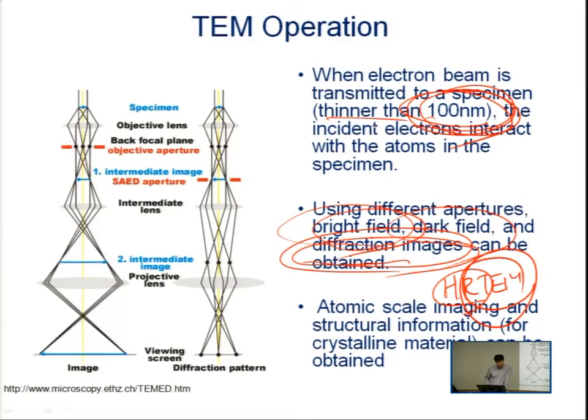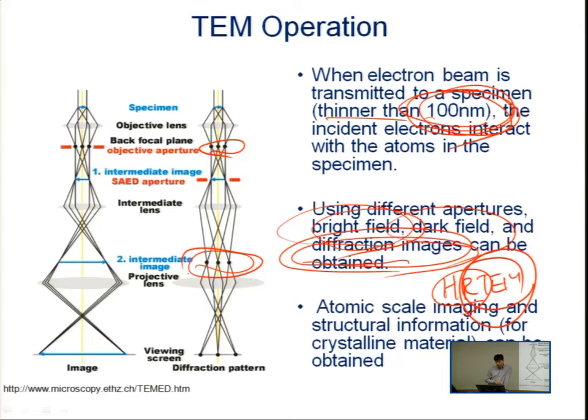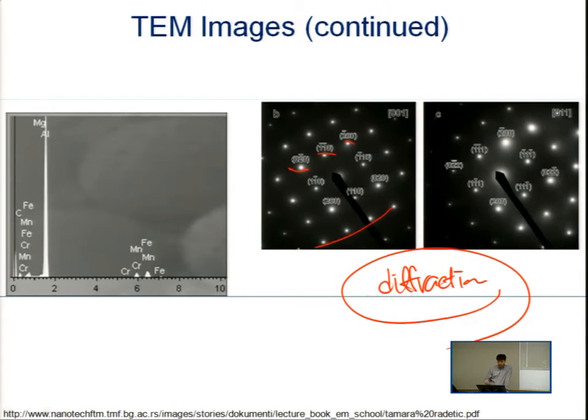For that, we can use lenses and apertures to make the intermediate image plane. Instead of images, diffraction patterns can be shown, and then these diffraction patterns are transferred to the image planes. In this case, we can identify the crystal direction of the material.